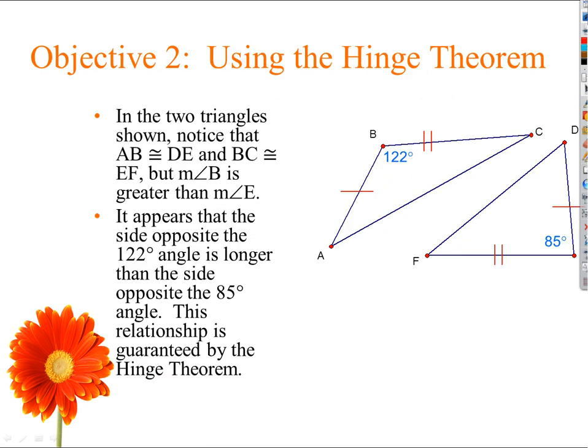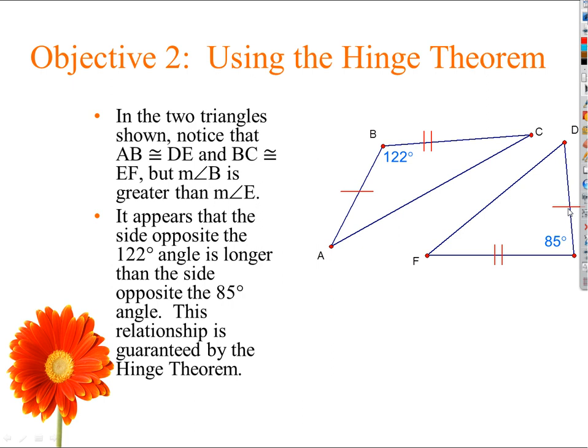Okay, the Hinge theorem. This is all the Hinge theorem is, and the name is very descriptive. In two triangles, take these two triangles, look what happens if we know that I've got two pairs of congruent sides in two different triangles.